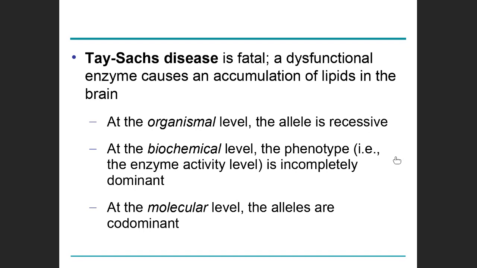But alleles at the molecular level, they're always being transcribed and translated. So in the case of Tay-Sachs, your good allele is making the enzyme you need to remove that fat from the brain, and the bad allele is making an enzyme that doesn't do anything. So they're both being expressed equally. At the molecular level, they're both codominant because they're both being expressed equally.